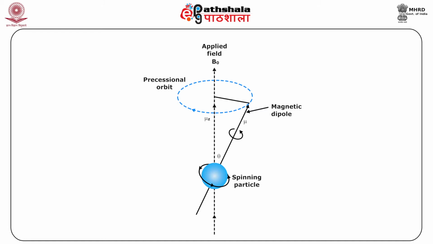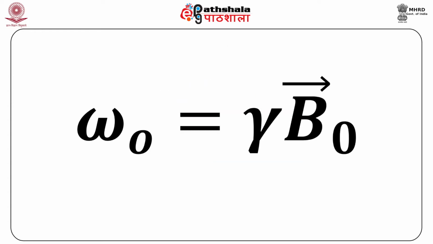Such motion is referred to in general as Larmor precession. The precession angular frequency omega naught is proportional to the magnetic field strength, given by omega naught equals gamma times B naught, a vector quantity, and omega naught is expressed in radians per second. It is the angular frequency.